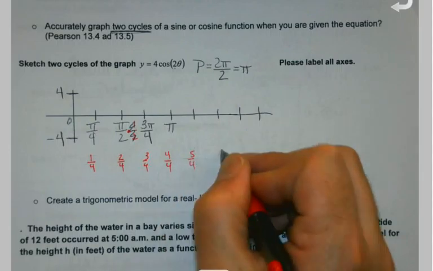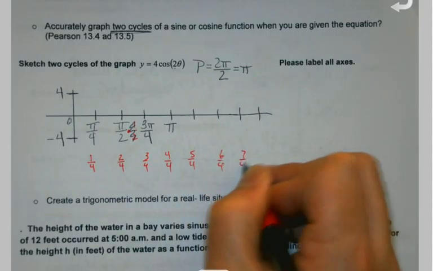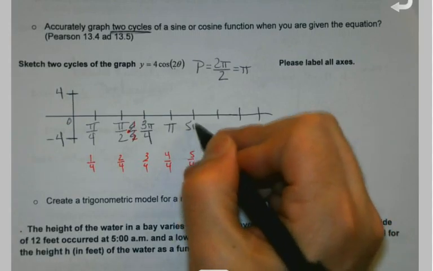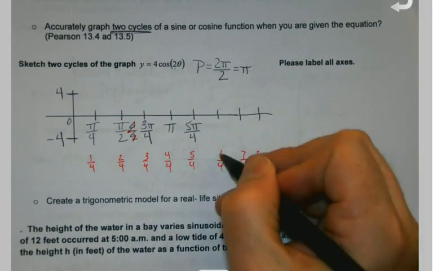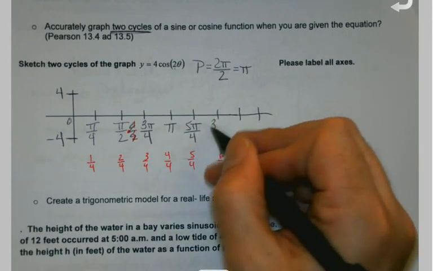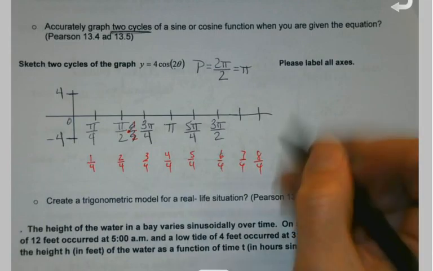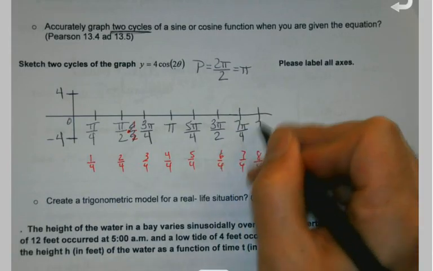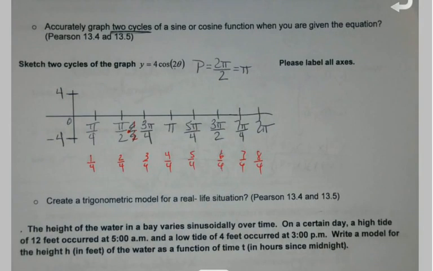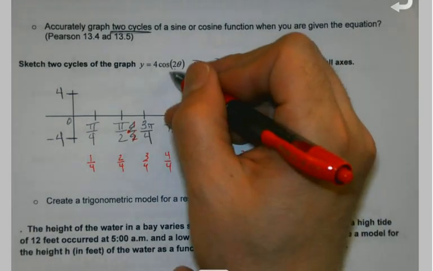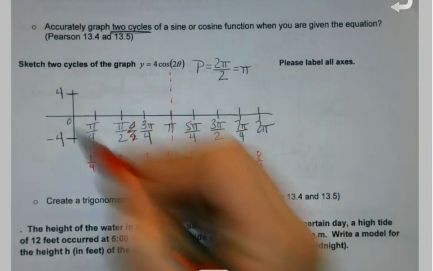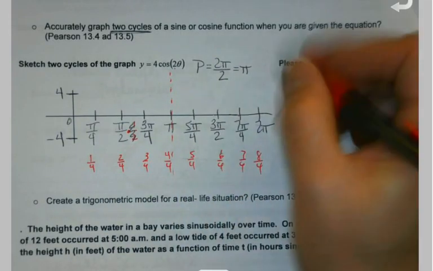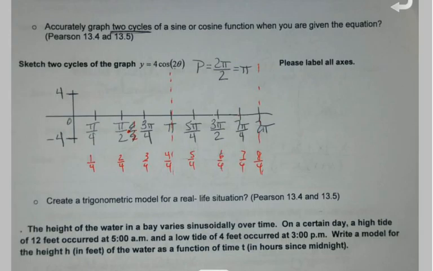And if I want to write the rest of these down, and then go and reduce them. 5/4 doesn't reduce. 6/4, they're each divisible by 2, so I'll do that. 7/4 doesn't reduce, and 8/4 is 2. So basically, here's what I've done. Here is going to be my first cycle, and then here, my 1, 2, 3, 4, 5 points, that's where my second cycle is going to end up.